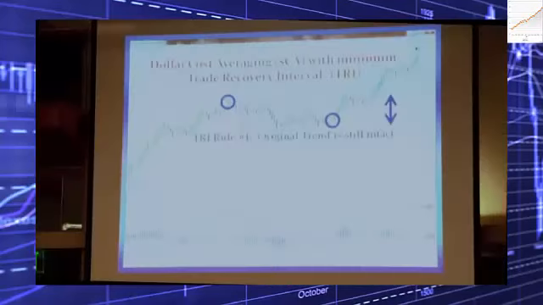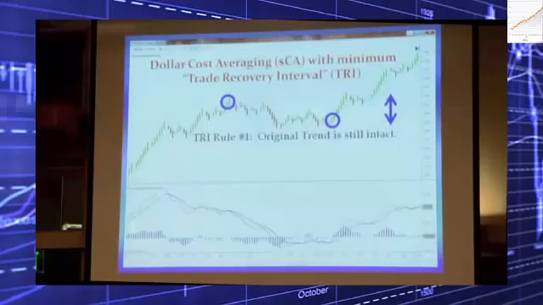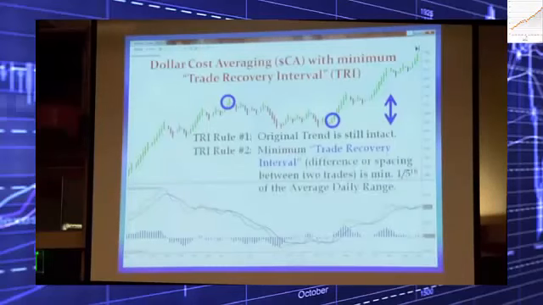So here we are, trade recovery interval, and right there you've got the trade recovery interval in place. Rule number 1, original trend is still intact. Rule number 2, minimum trade recovery interval. Difference or spacing between 2 trades is minimum 1/5 of average daily range.